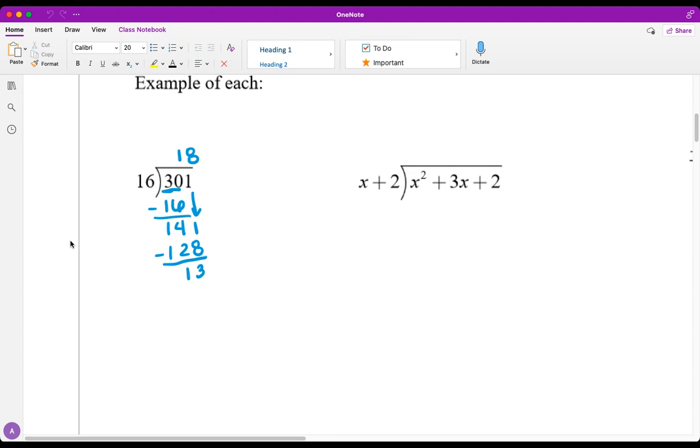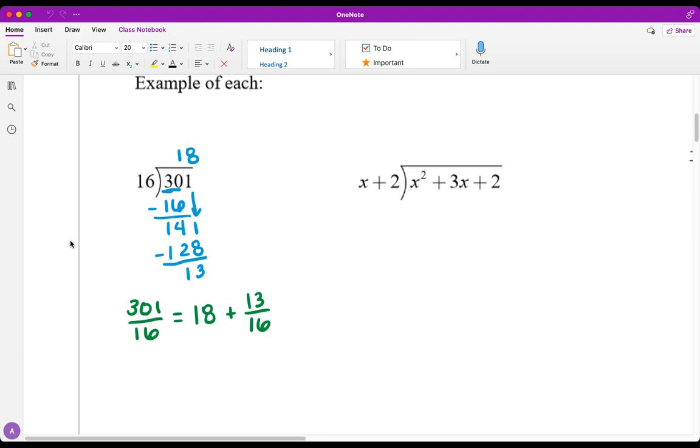What I want to summarize is that when we divide 301 by 16, we are left with 18 and 13 units still waiting to be divided by 16. So this can be rewritten as 301 over 16, that's the division, is equal to the quotient plus the remainder over the divisor. You're basically saying 13 still hasn't been divided yet because I stopped early, so I'm going to write that it still needs to be divided.